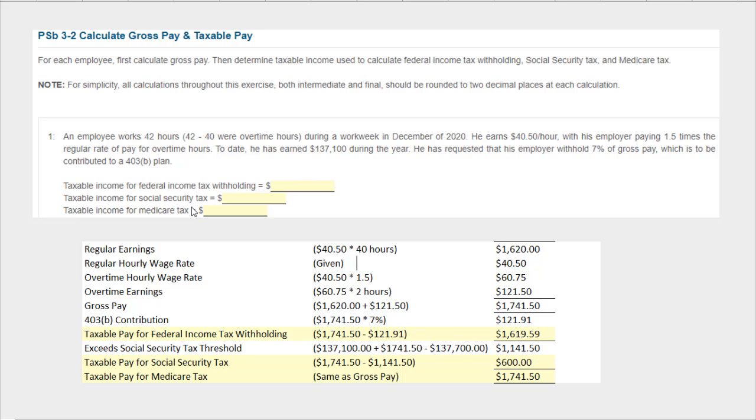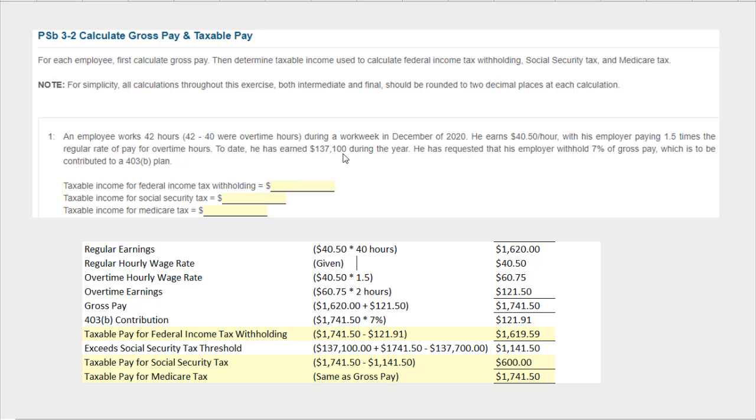A very important note is this tax has a threshold limit, meaning that the earnings during the year, when it reaches this threshold, any amount of income above this threshold will not be subject to Social Security tax. All right? So that's why in the problem, it gives us the earnings year to date, 137,100.